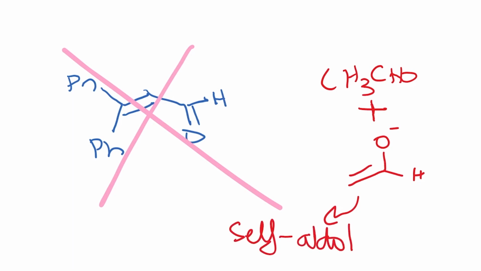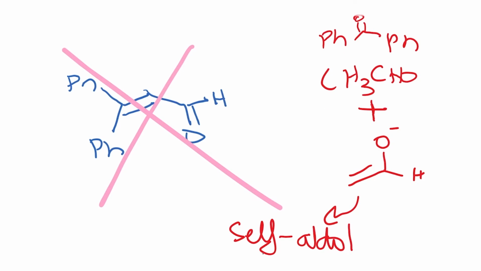Now, what is the rationale for this? The rationale for this is that once an enolate is produced, the enolate reacts with the most reactive electrophile. And between the aldehyde here and the ketone, which is PhC=OPh, between these two, the aldehyde is clearly more reactive. And so when given a choice, the enolate is going to react with itself and give you the product, right?